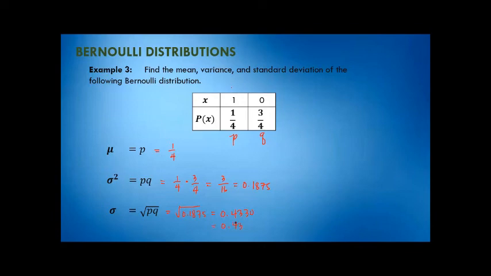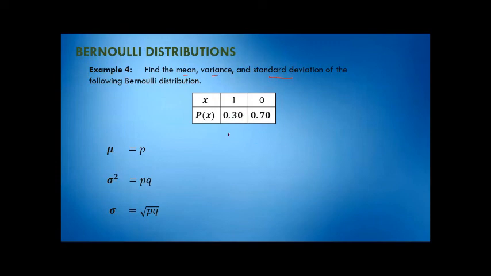Now, let's have the last example for Bernoulli. We have example number 4. So again, given na tayo ng Bernoulli distribution, i-compute lang natin yung mean, variance, and standard deviation. Pero i-analyze pa rin natin kung ano yung P at kung ano ang Q. Now, remember na ang value ng X is 1, ibig sabihin, ito ang probability of success.